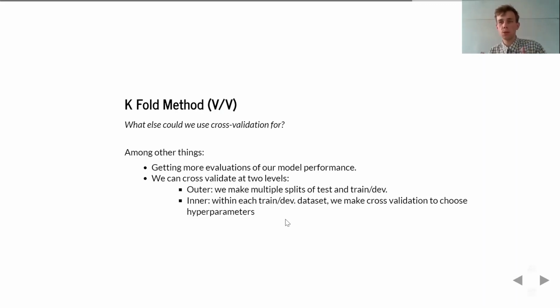So again, just repeating, we could in the inner loop rotate over different folds in our development data set, but then we can also have an outer loop where we're also rotating what is actually our test data set. So this is what we will sometimes call nested k-fold cross validation, which we're going to talk a bit about in the last machine learning module. So that's in the afternoon.